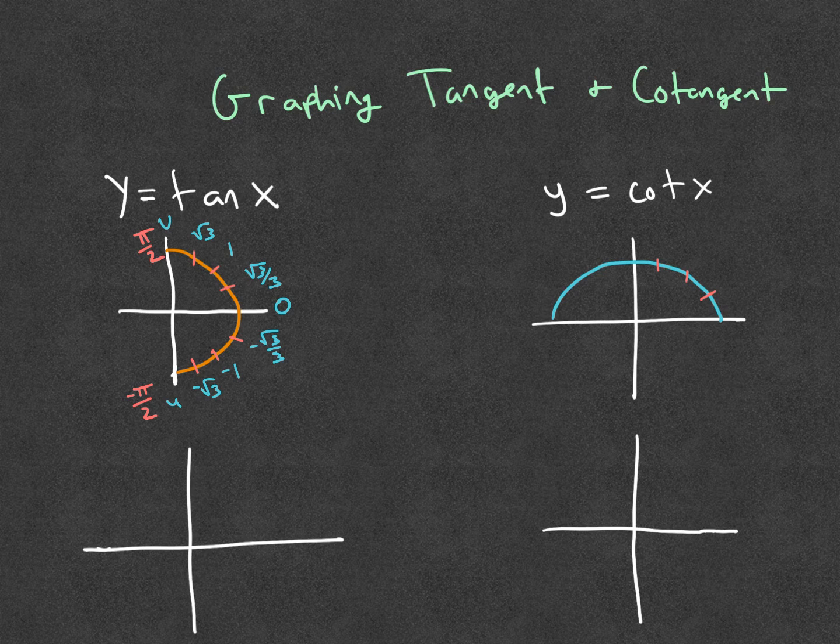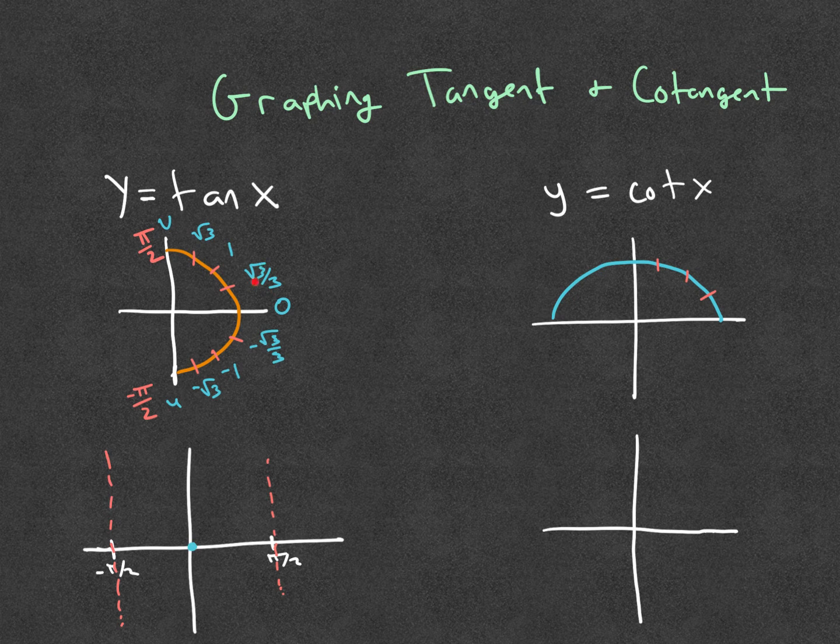So our parent function of tangent is going to look something like this when we graph it. We're going to make tick marks at negative pi over 2 and positive pi over 2, and those will be our asymptotes. At 0, I know my function is 0.